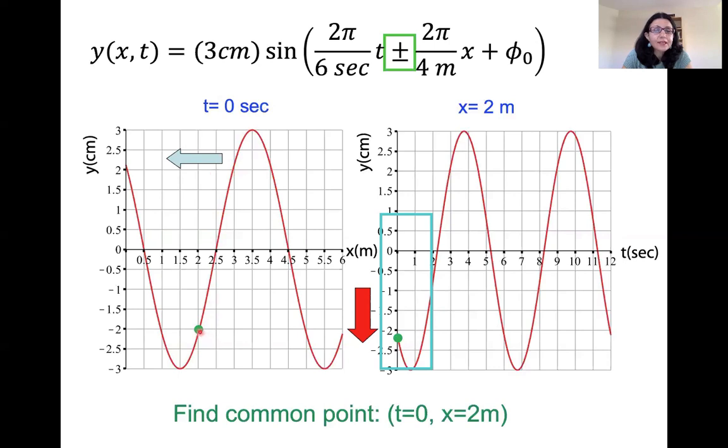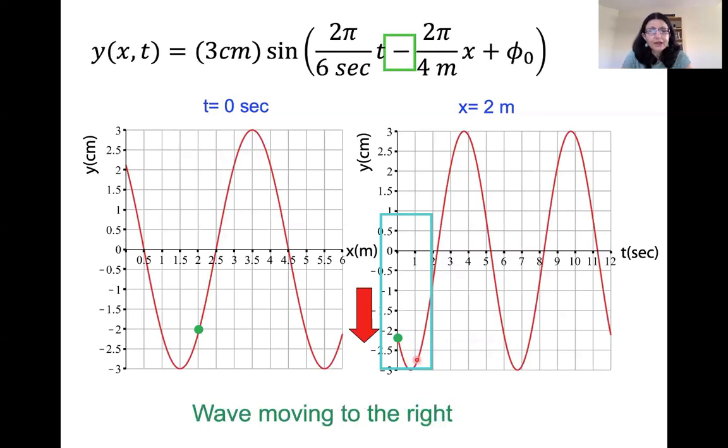So that means at some later time after 0 seconds, the displacement is going to move up rather than down. But remember, we just concluded from this plot that the displacement has to go down. So in other words, this is not consistent. So it is not possible that the wave is moving to the left.